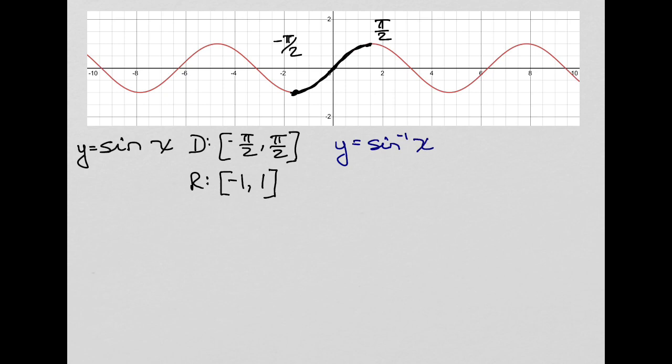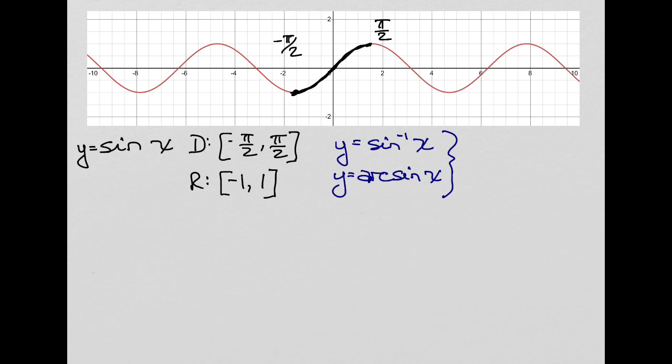This is not sine to the -1. This is not sine with that little exponent thingy up there. This is the inverse sine of x. Or equivalently, sometimes you see y equals arc sine x, and those two are completely interchangeable. They mean exactly the same thing, the inverse of the sine function.